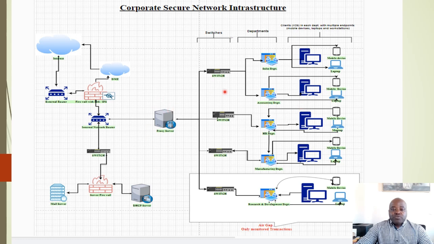In between the two, we can find a proxy server that acts like a middleman, or a good man in the middle, between the internal resources and the external resources facing the internet. I did the design like this because the internet is not secure, it's open to everybody, to be able to avoid bad actors getting into the internal network of the corporation.